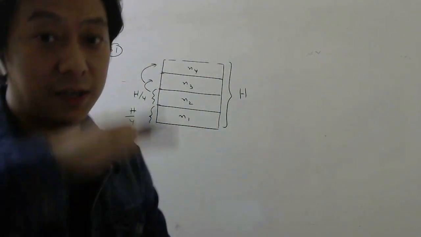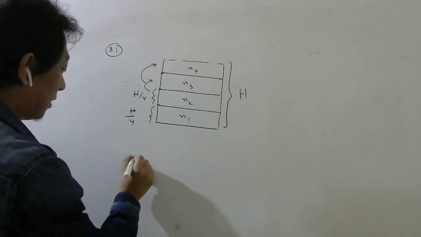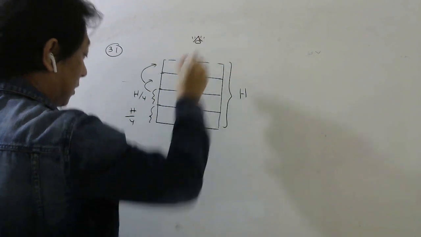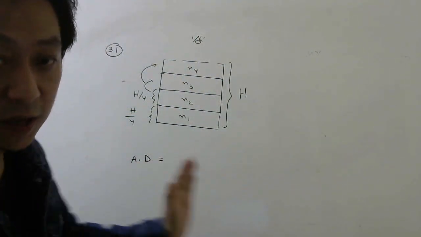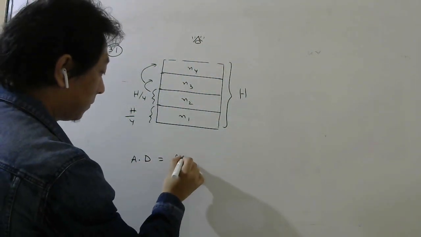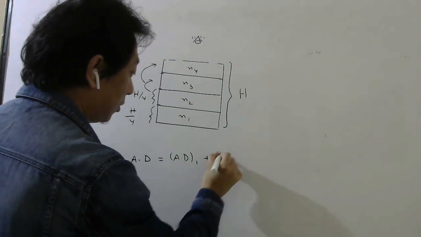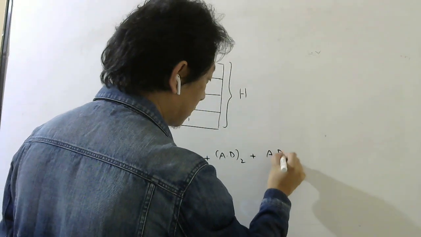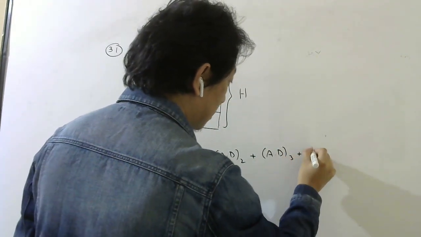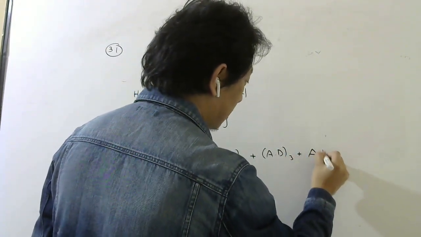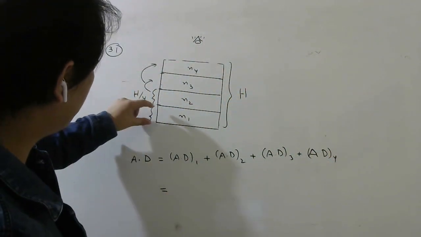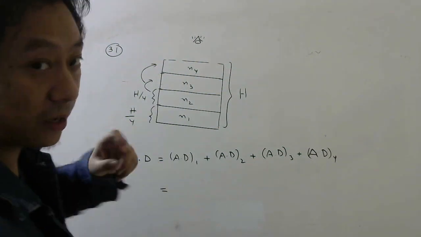So the apparent depth, already I have told you the formula for multiple layers, right? So apparent depth when you see normally is equal to, just add the apparent depth due to each layer. So for this layer, real depth is h by 4 and apparent depth is what?